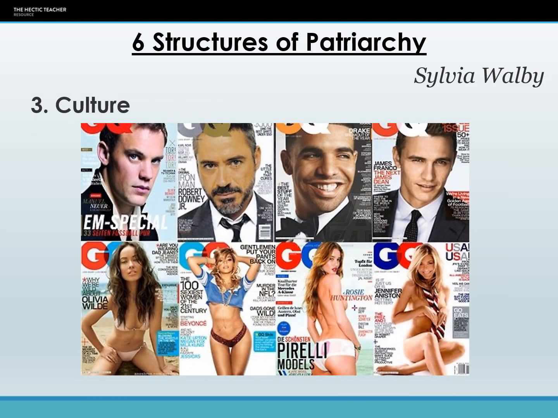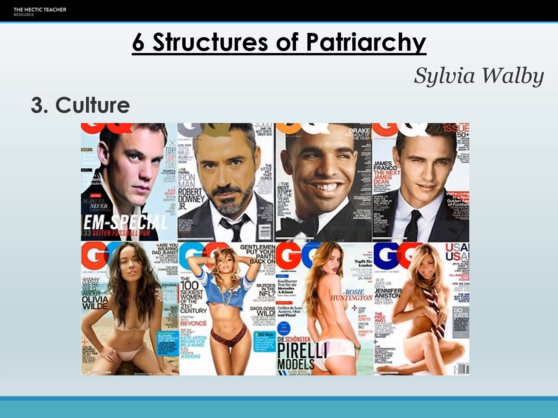The third one is culture. And the idea here is that the way that women are portrayed in culture, and particularly the media, is often in a way that reinforces gender stereotypes of women being sexualized beings, of being not worthy of anything but the way that they look.